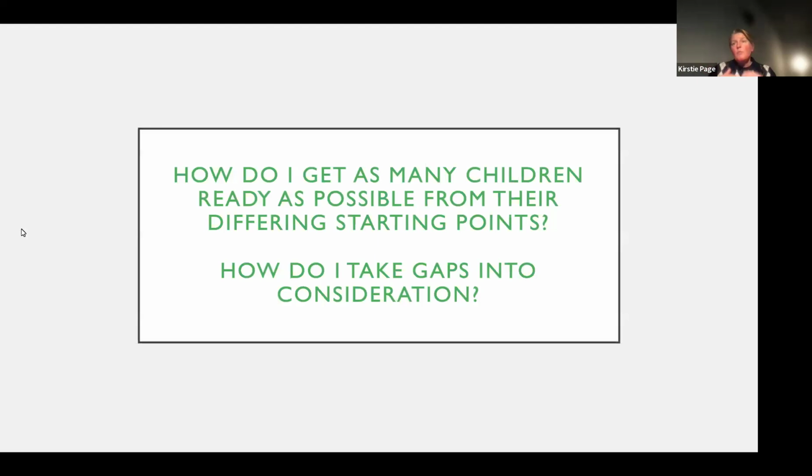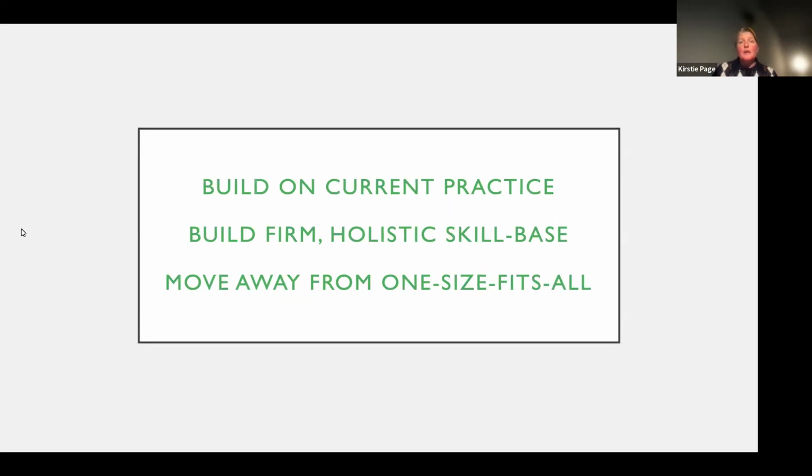And when I've got children who are not meeting age-related expectations, when I've got children with gaps with these skills, how do I take that into consideration? How do I go back and build in order to make sure that not only these children are making progress, but my literacy preparation also incorporates gap closing as well, rather than just ignoring the gaps? So I'm building on current practice.